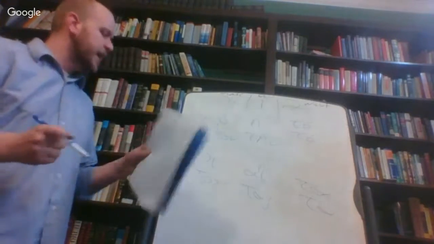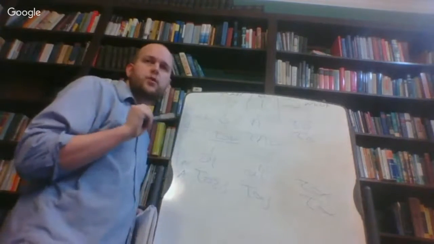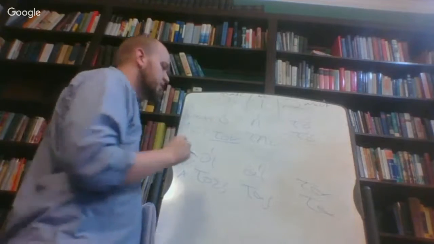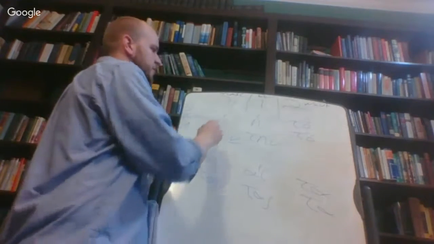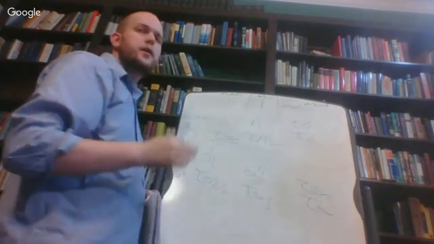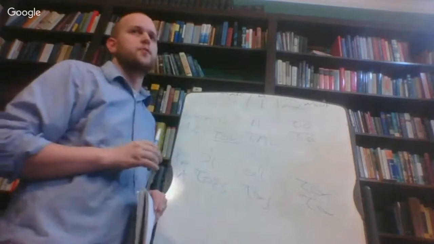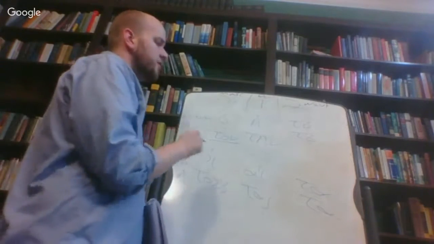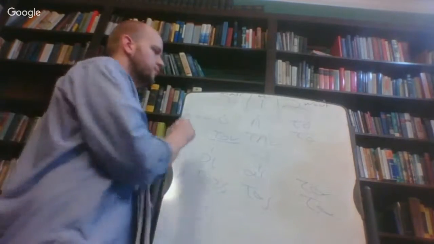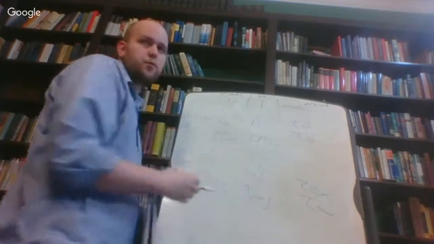But the case of the word determines function, not necessarily word order. You would rarely see the accusative before the nominative, but you may not have a nominative case, but it might be implied through the verb. Word order does not necessarily tell you function of the word. The case does. The case ending of the word.